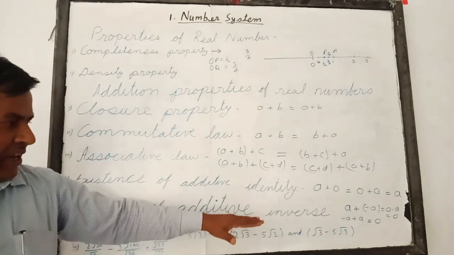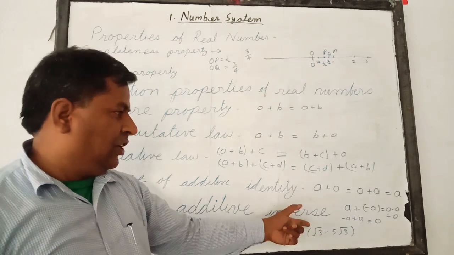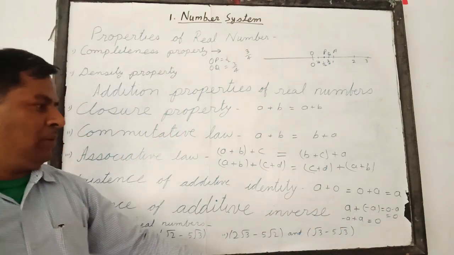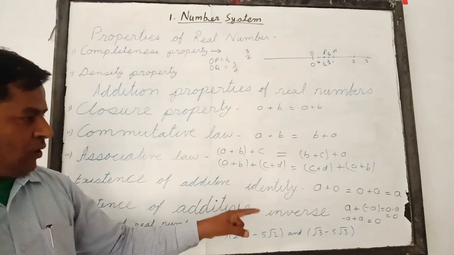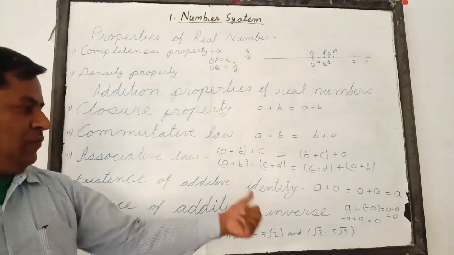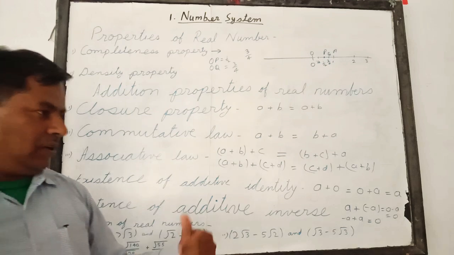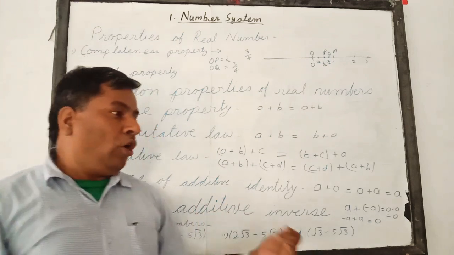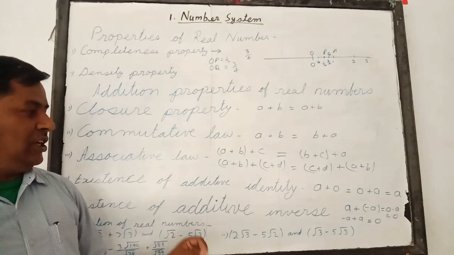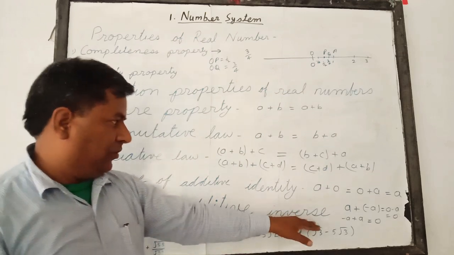That means if we take any real number and add a negative real number to that, the sum will be 0. Or if we take a negative real number and to that we add the positive form of the same, again the result will be 0. So this is called the additive inverse of real numbers. On adding the negative form of any real number to its positive form, we get 0. So this is called additive inverse.